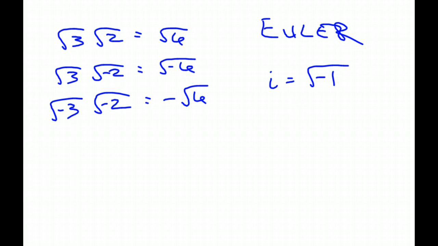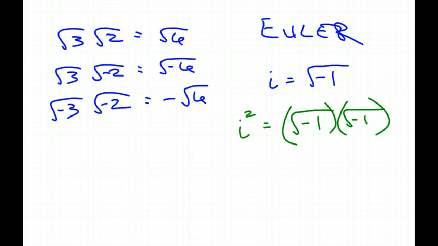So, let's say that that's true. i squared would be the square root of negative 1 times the square root of negative 1. When you take the square root of a number times the square root of a number, we get the square root of negative 1 squared, right? What if this was a 2 and this is a 2?